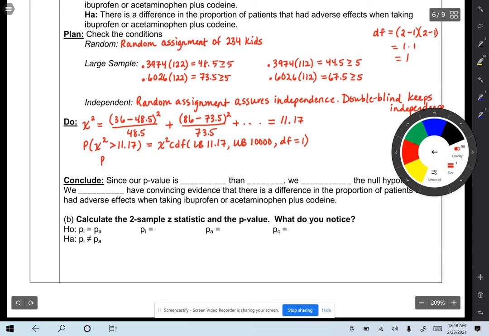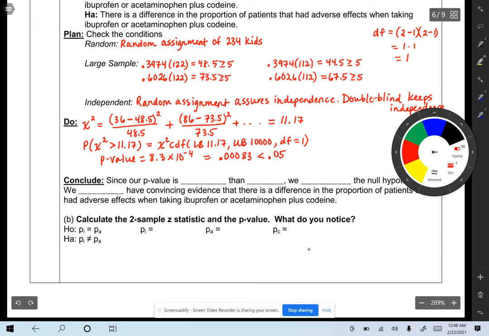So our p-value ends up being, this is what our calculator is going to show, 8.3 times 10 to the negative 4th. I'm just going to write that as a decimal, 0.00083, which is less than 0.05.